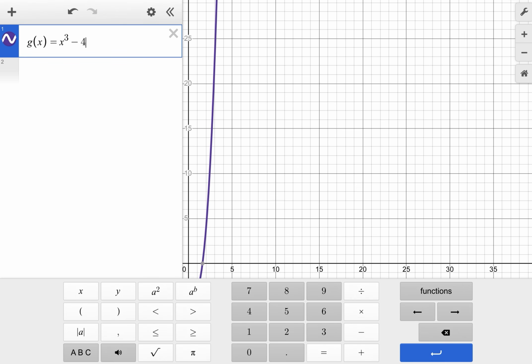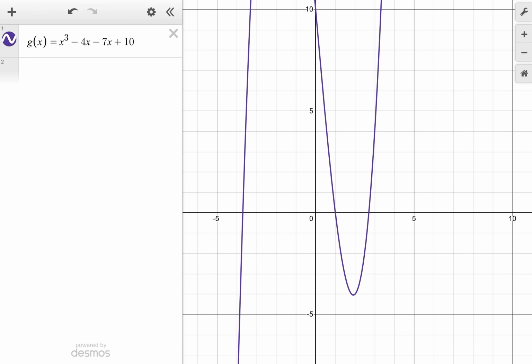Let's say you have the function x cubed minus 4x squared minus 7x plus 10. So that's our function, and we're trying to find the zeros of this function. That's what we're trying to find.